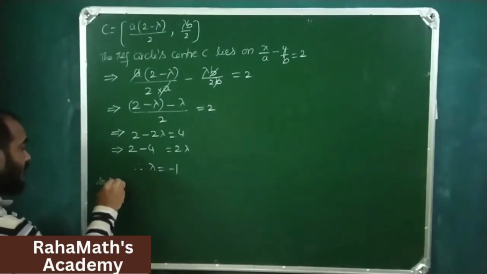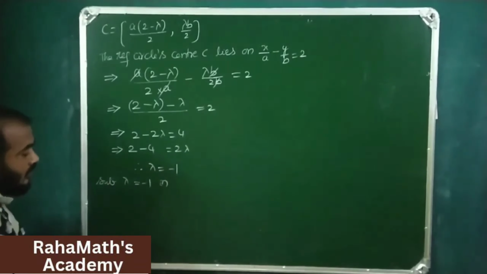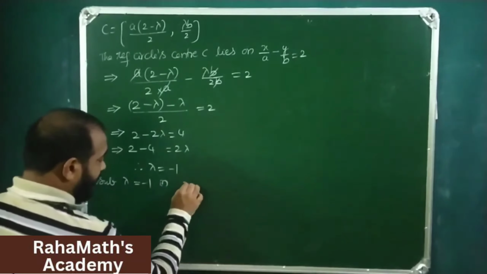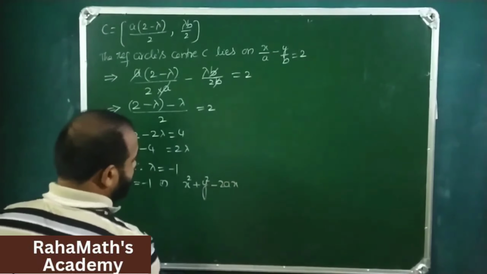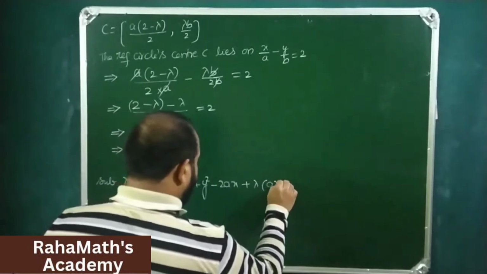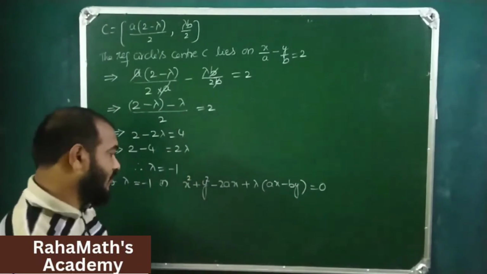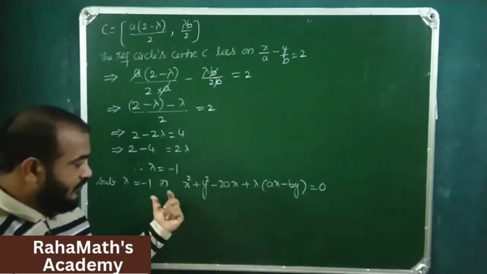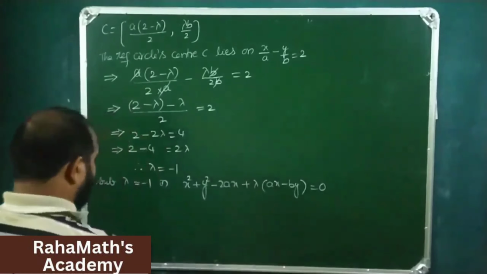Substituting lambda equals minus 1 in equation number 1, x square plus y square minus 2ax plus lambda into ax minus by equals 0. This is what we got earlier. So substitute lambda equals minus 1 in this, S plus lambda L equals 0.